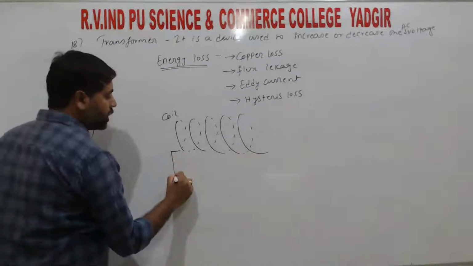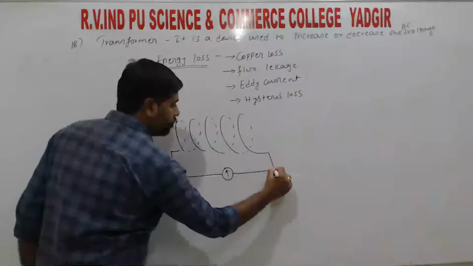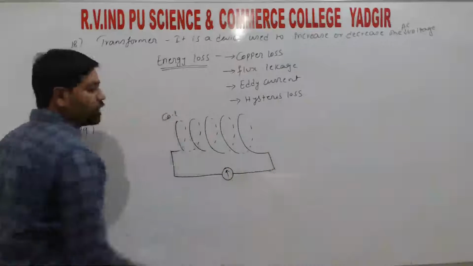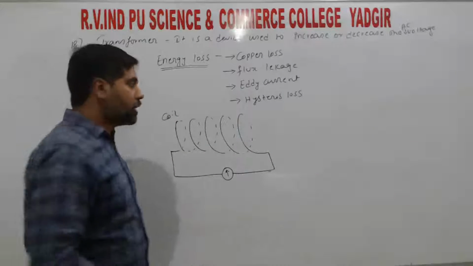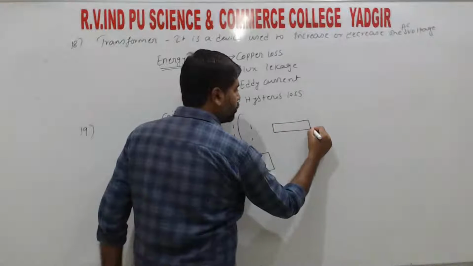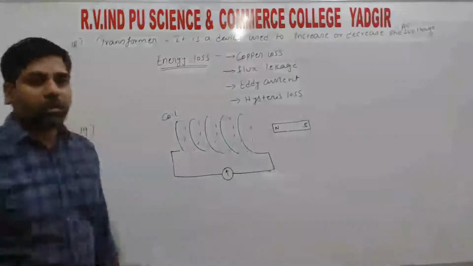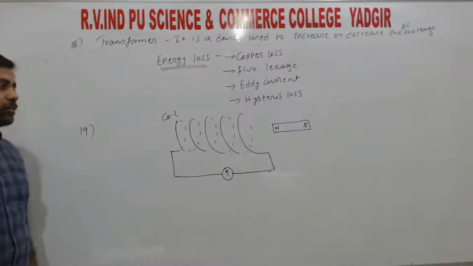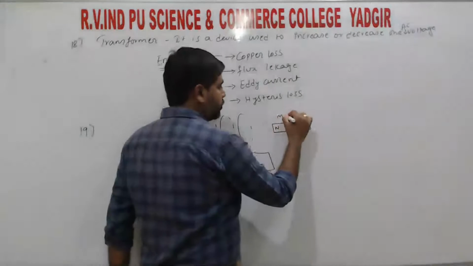This coil is connected to the galvanometer. Consider a bar magnet, which has a north pole and south pole. Now the explanation of the coil and magnet experiment.